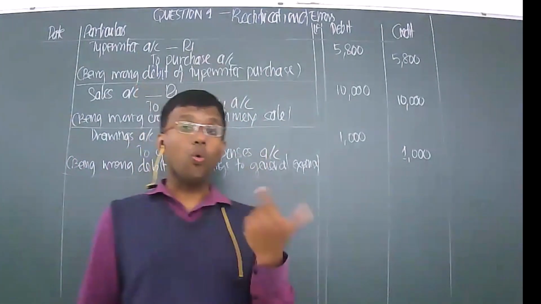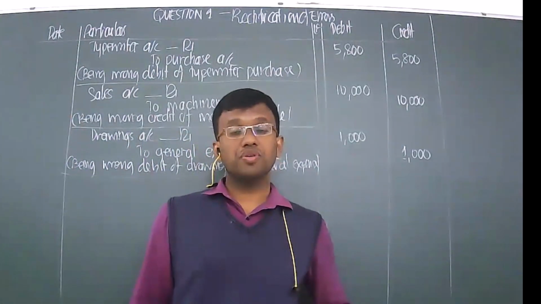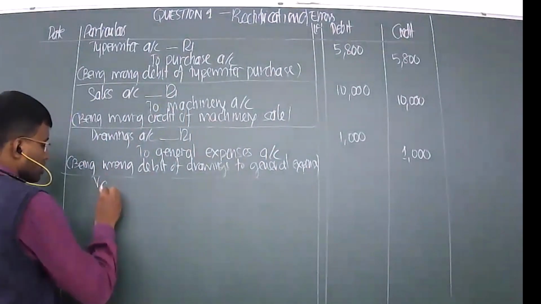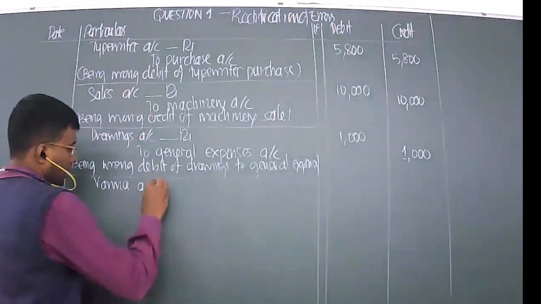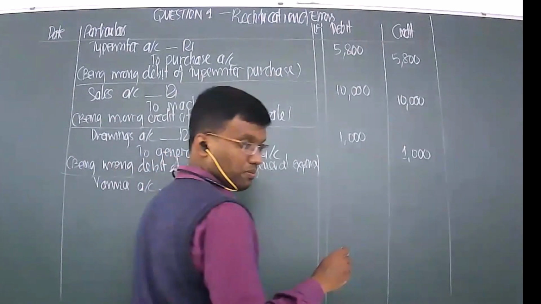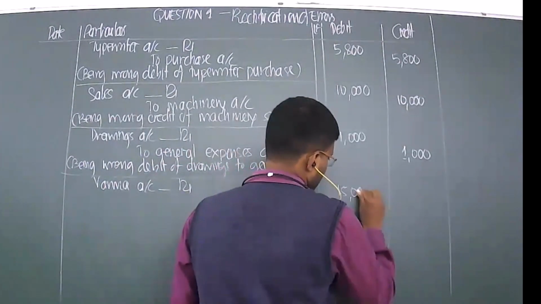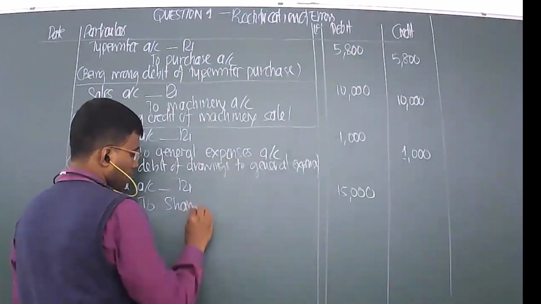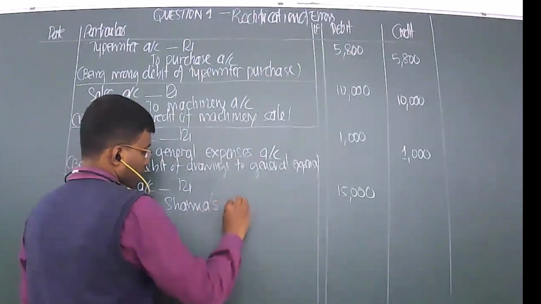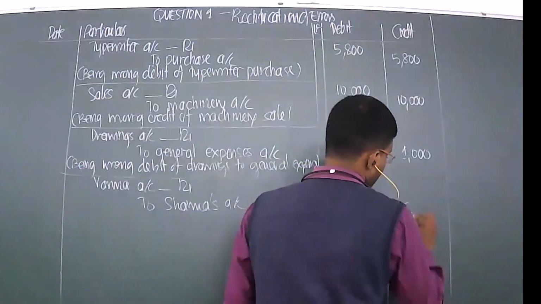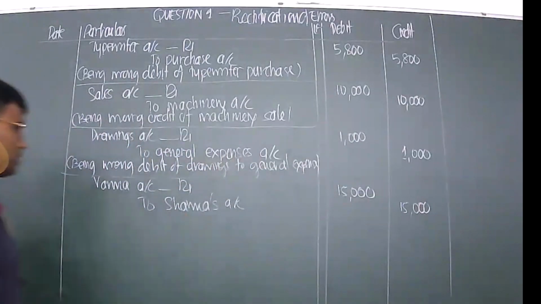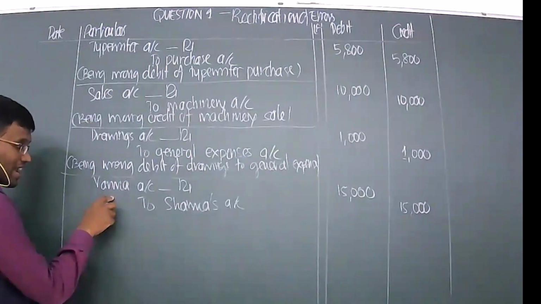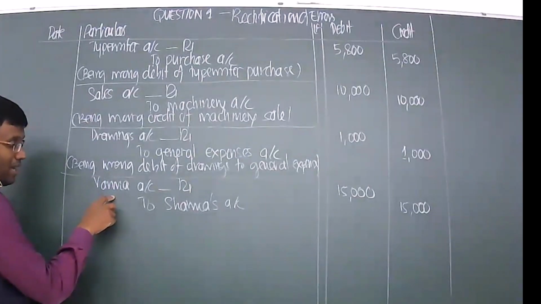Varma's account is over credited. Over credit, how do you rectify? Over credit, you rectify by debiting. So Varma account debited, rupees 15,000, to Sharma account, 15,000. So Varma's account is over credited, and because it is over credit, we are rectifying by debiting.